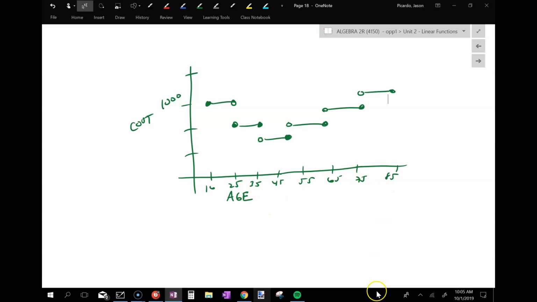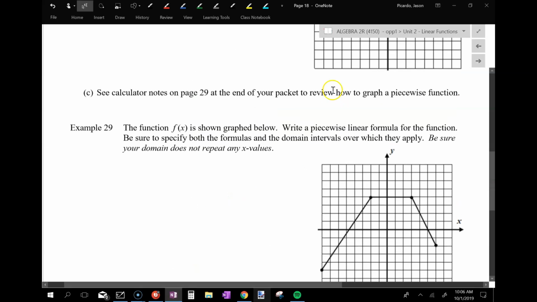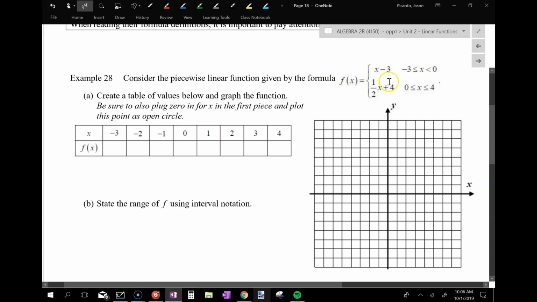What a step function is, guys, is I can't write this as one single thing, okay? Because this is different than this, is different than this, is different than this. So I have to have different pieces of the domain, hence the phrase piecewise function, okay? So Blake, here's what I got.